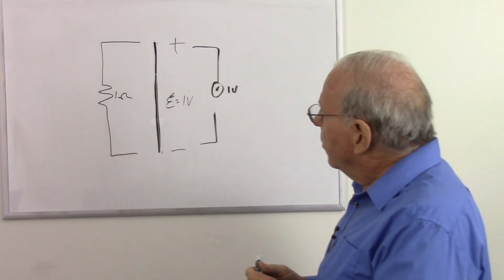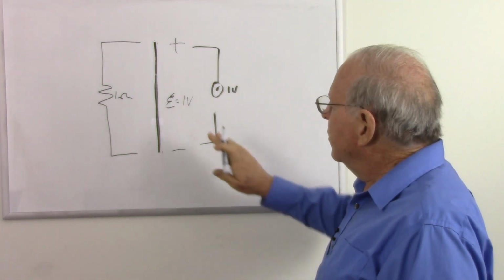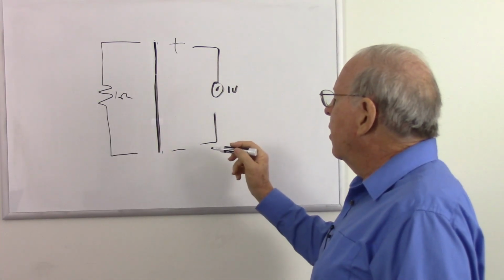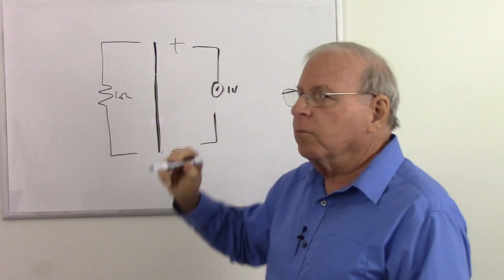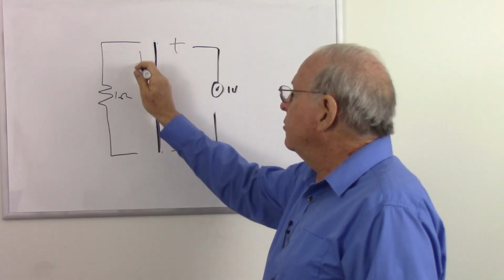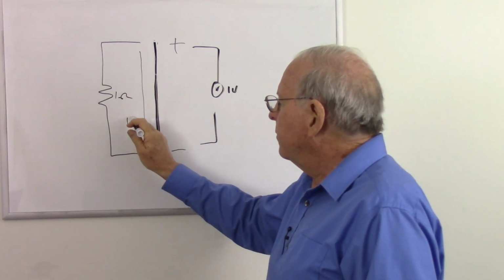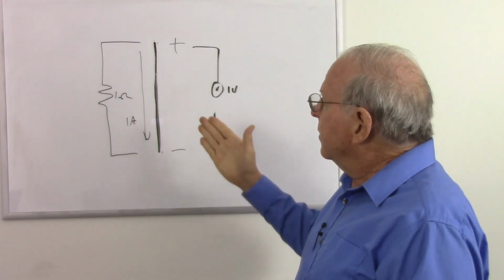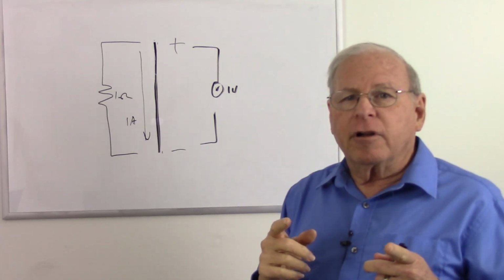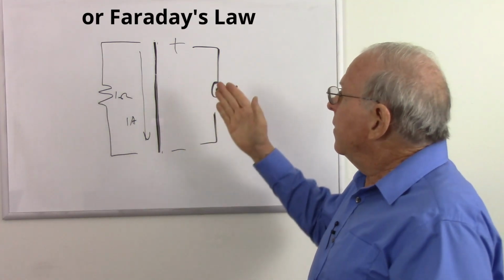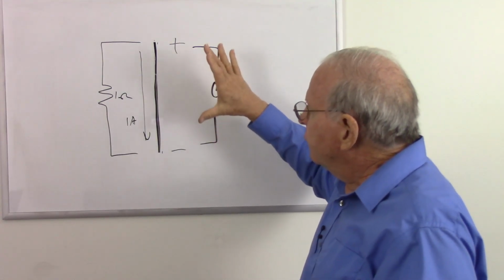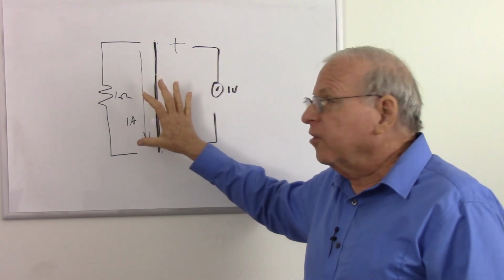Well, this is where some people run into trouble, because they see that there's 1 volt across that wire, and that wire has 1 ohm of resistance. Therefore, it should have 1 amp of current flowing in that direction. And because they don't understand the nature of electromotive force, they think that this acts as if a voltage is being applied externally, not being produced inside the wire.